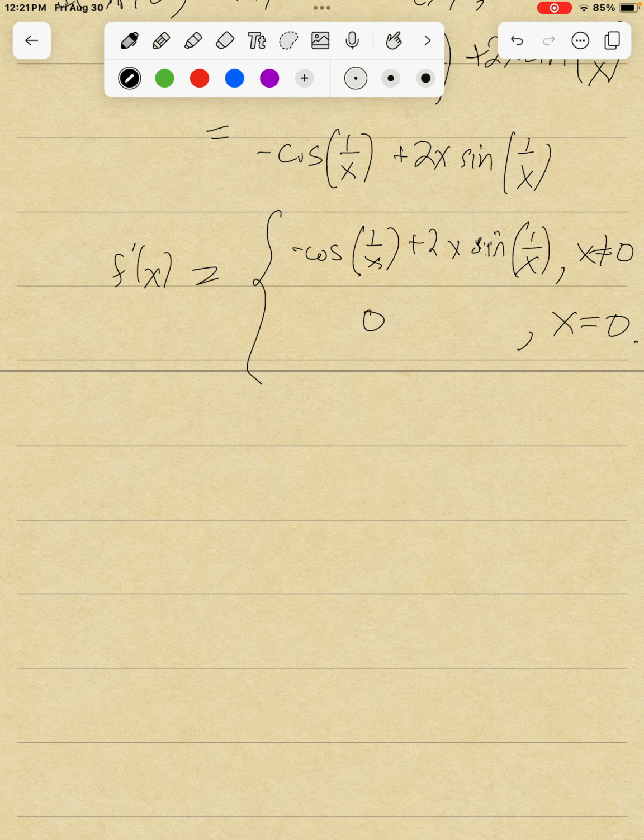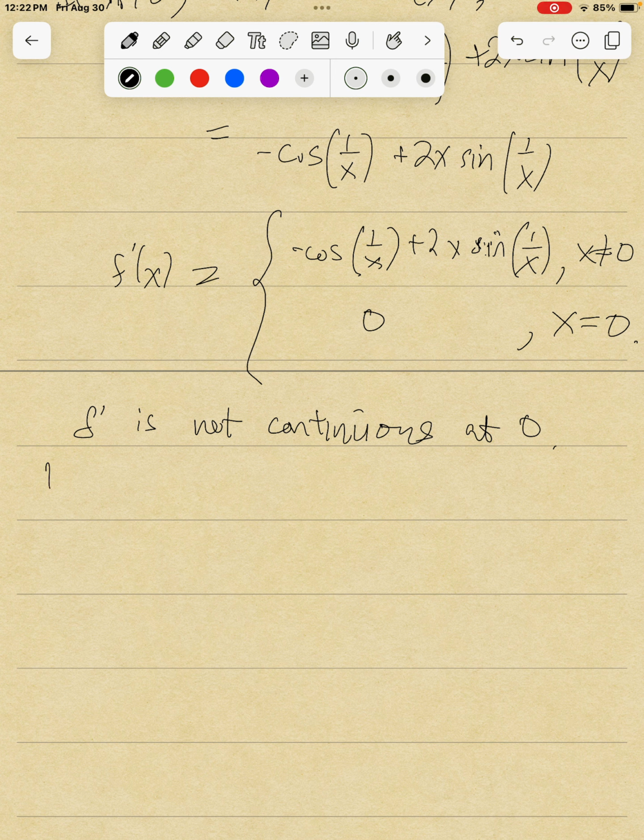I have no idea what this function looks like. But that's the derivative. It'd actually be kind of interesting to graph this and see what it looks like. But anyway, I claim that f prime, this function, is not continuous at 0.